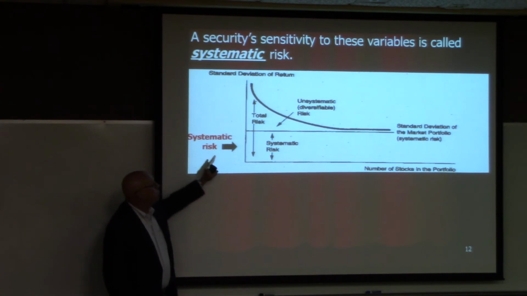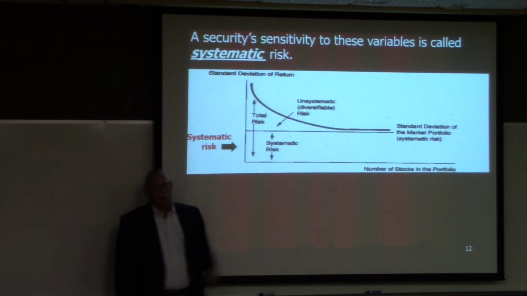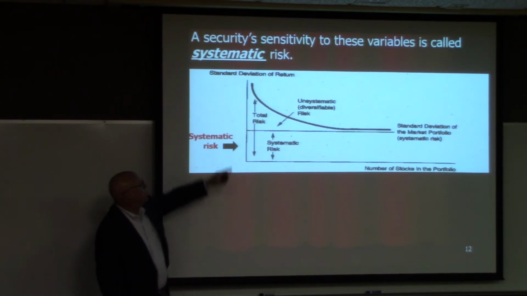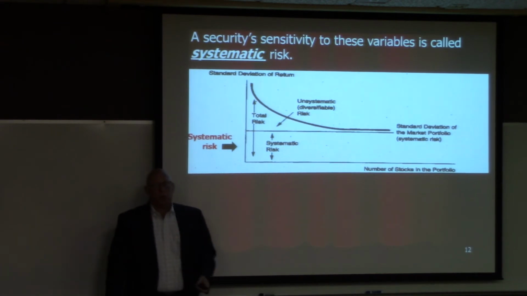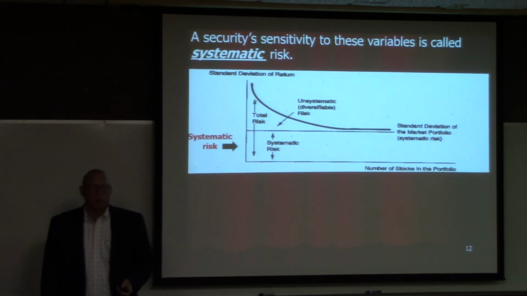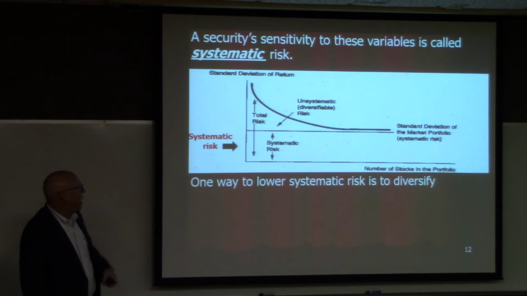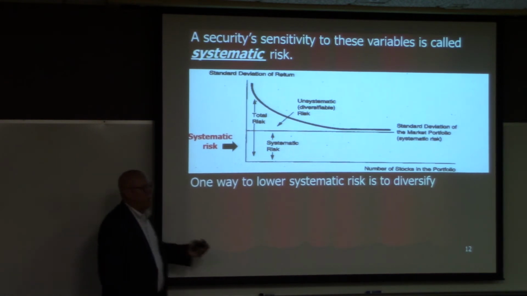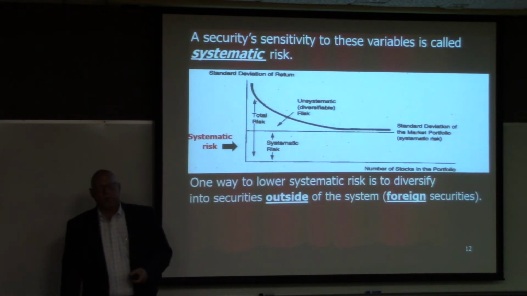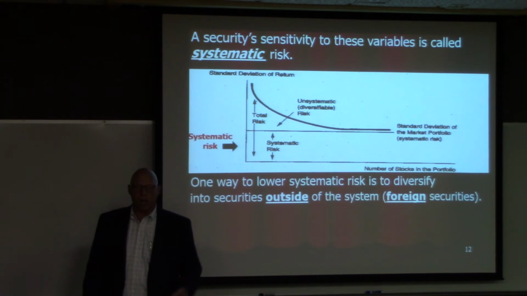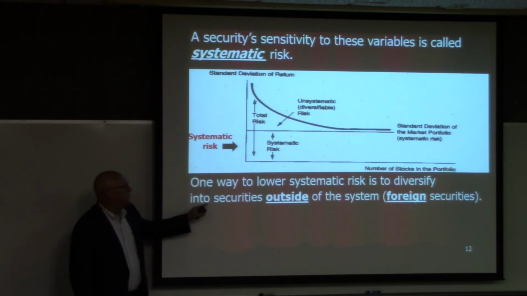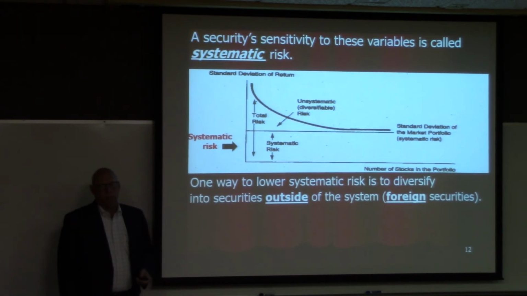Sensitivity to these big economic variables. Okay? And you can see that you don't diversify those away by adding to the number of stocks in your portfolio. However, there is a way to lower systematic risk, and that is to diversify into securities outside of the system, and that's foreign securities. Okay?